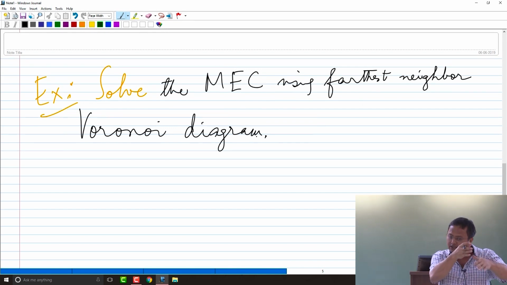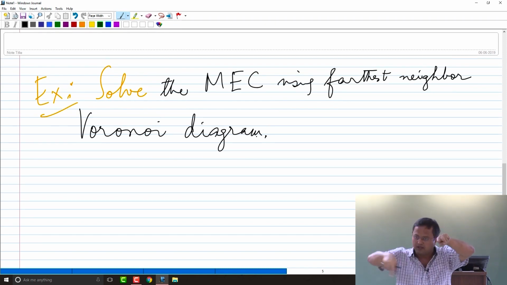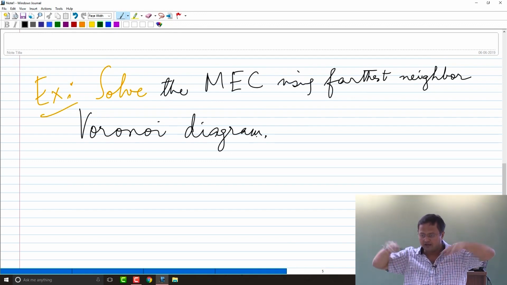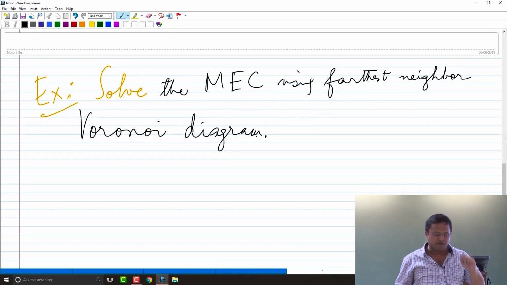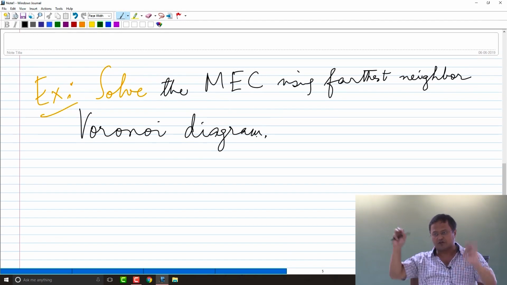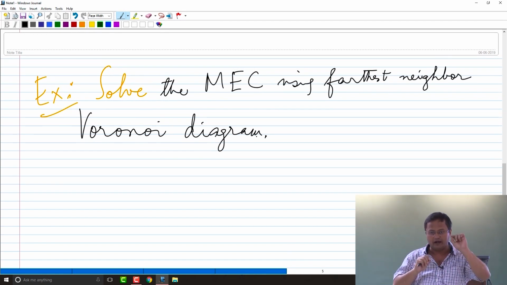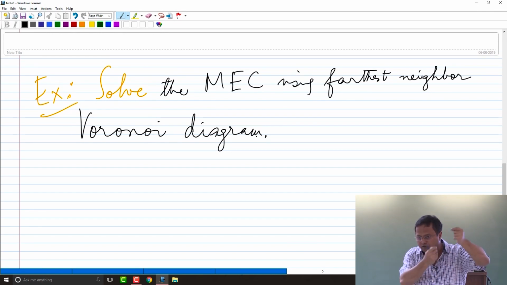So, that means that the edges of the farthest neighbor Voronoi diagram would not form a cycle kind of structure, there would be a tree kind of structure, right. And one can show that if you take the Voronoi vertices of the farthest neighbor Voronoi diagram and for each point, so what is the characterization of a point on the Voronoi diagram?